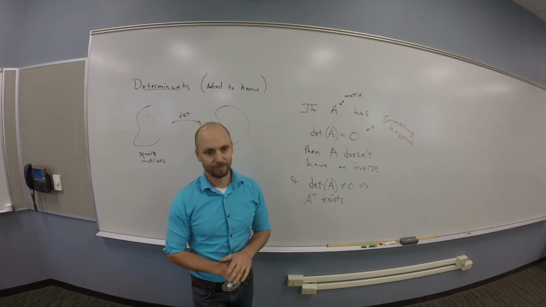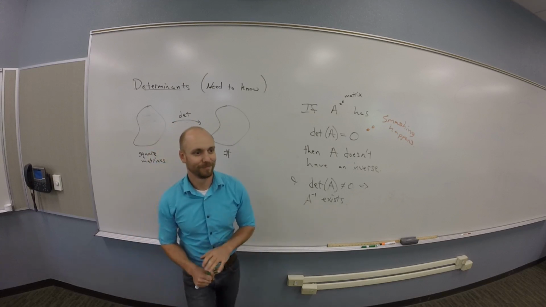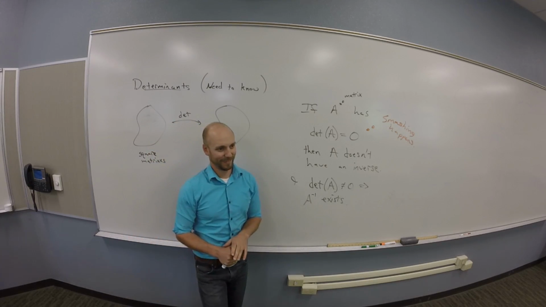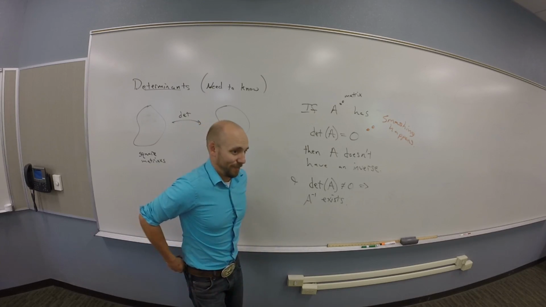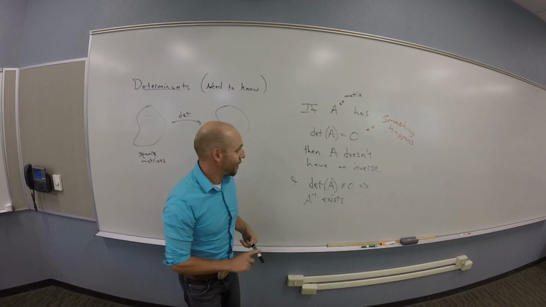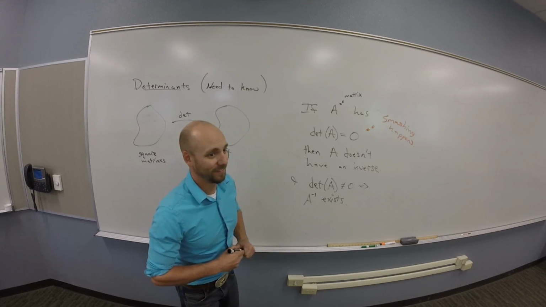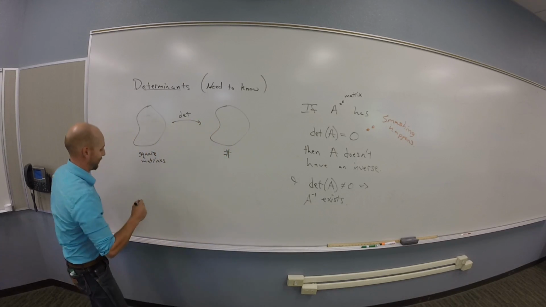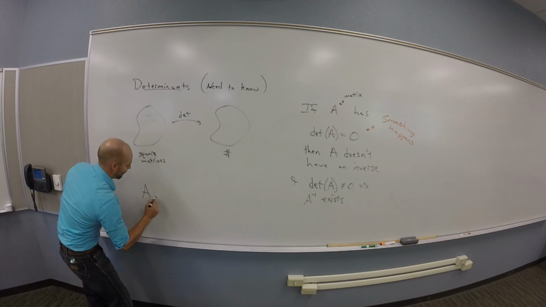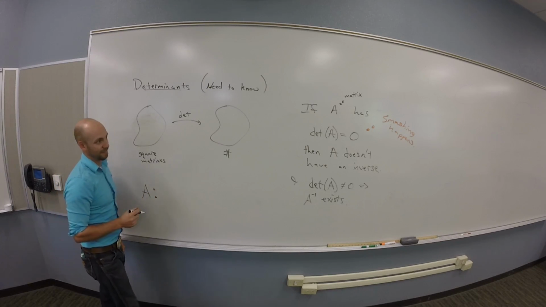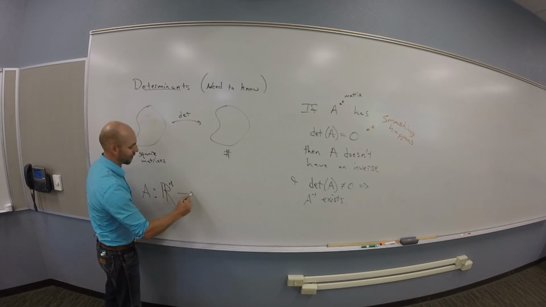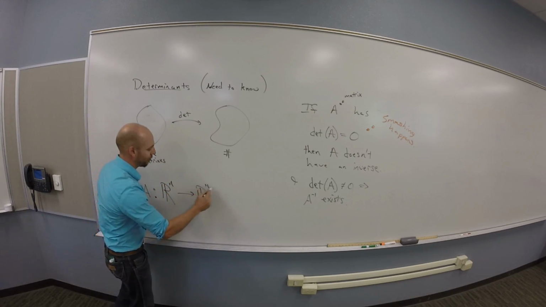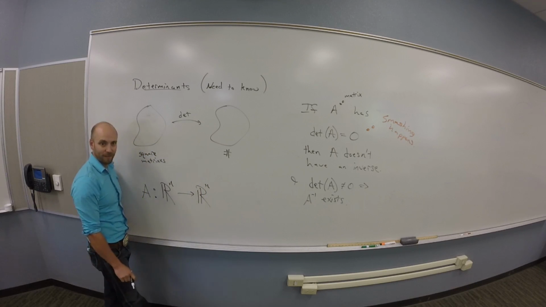Okay. When you say smashing happens, you mean taking A and doing almost anything with it, then smashing happens? I mean that A as a function, if it's square, takes some n vectors into other n vectors.